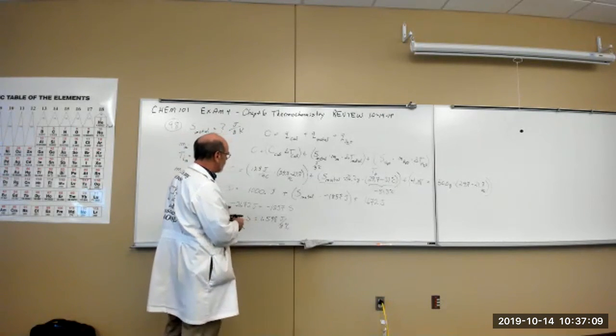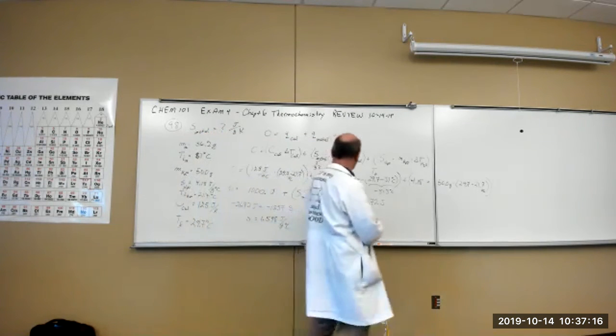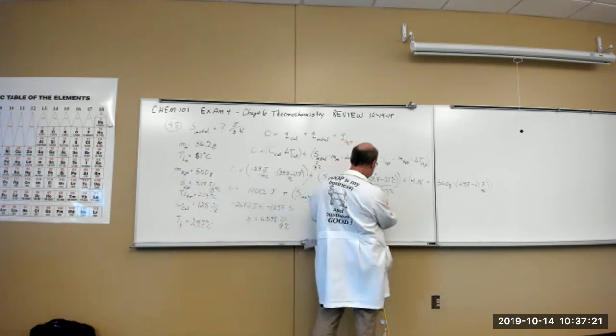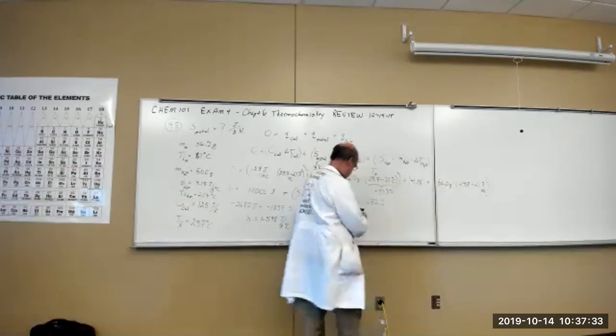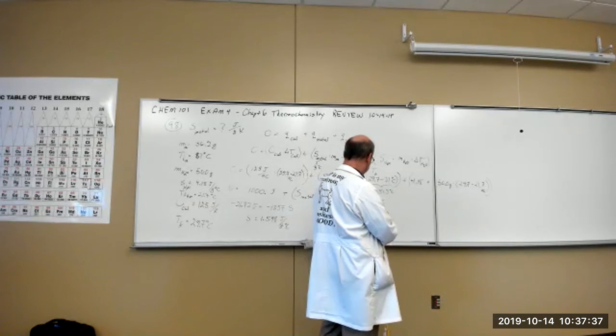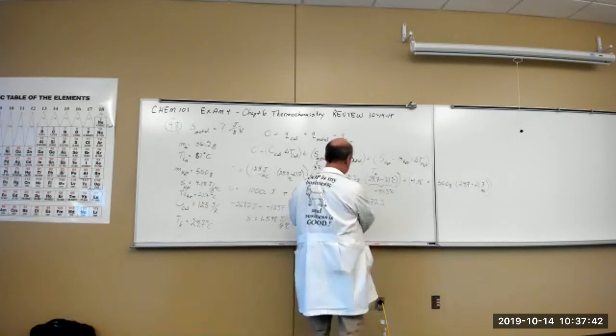8 times 125, 1,000. About 36.2. And is this 51.3? Yep. 57, okay.